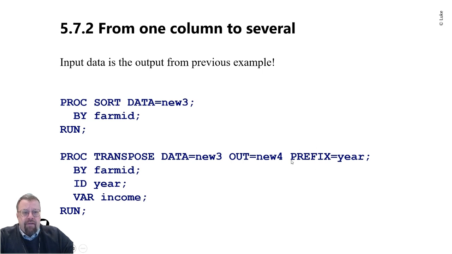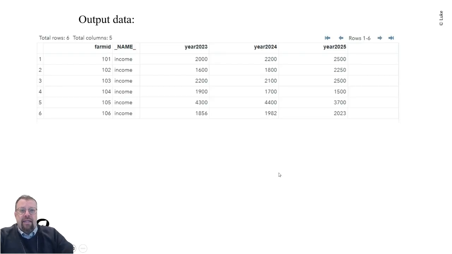And actually, this prefix is the first part of the name we give to those three variables. So we start with year and then we get the 2023 as the next part and so on. So we get year 2023 and so on. And that's the output data set. That's exactly what we were aiming for.